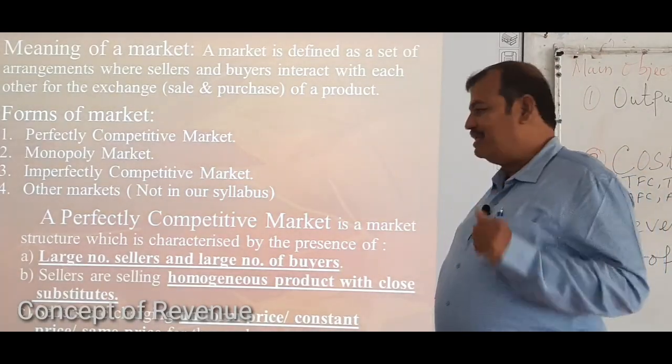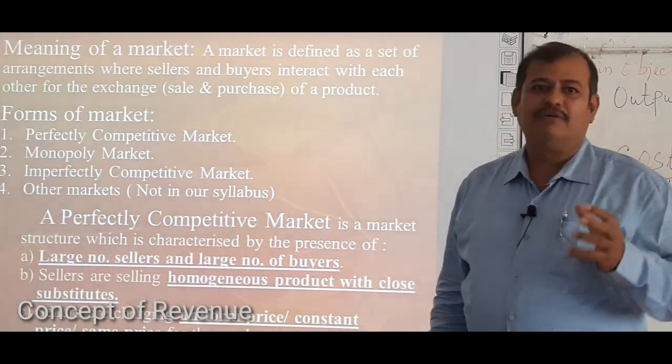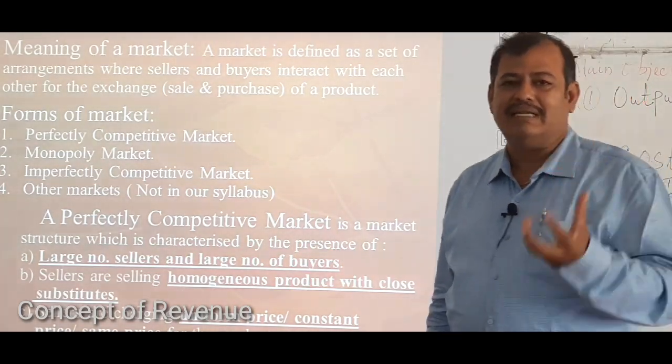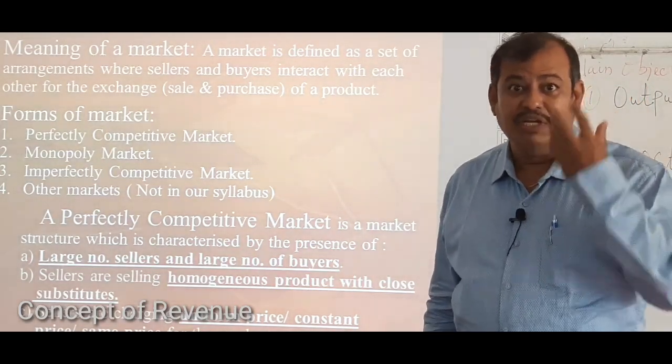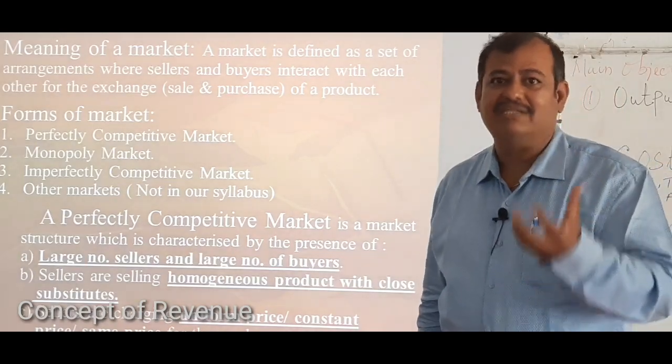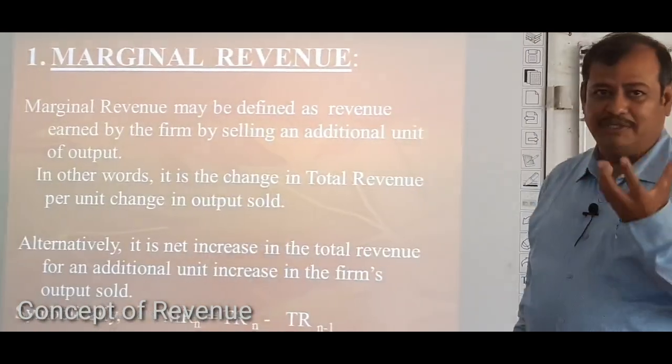And a very important thing to say is that as the products are homogeneous, the sellers are charging a uniform price, that is, the same price or a constant price for the product.